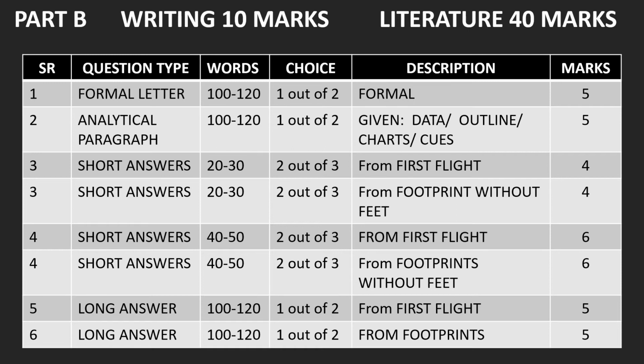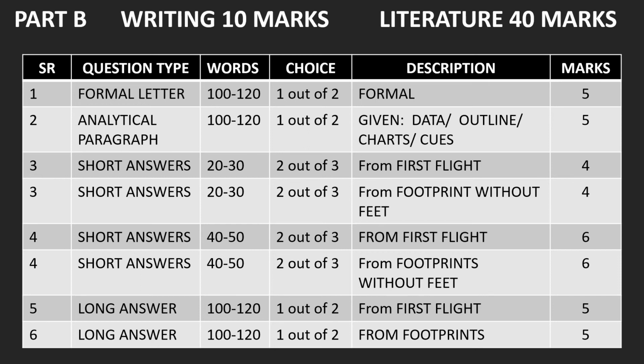Now the second set of short answers, this will be 40 to 50 words. Again, there will be a total of 3, out of which you will be attempting 2. The first will be from First Flight. Each question will be for 3 marks, and so the total will be 6 marks from First Flight.